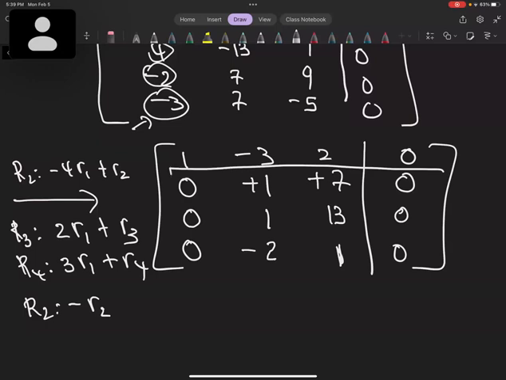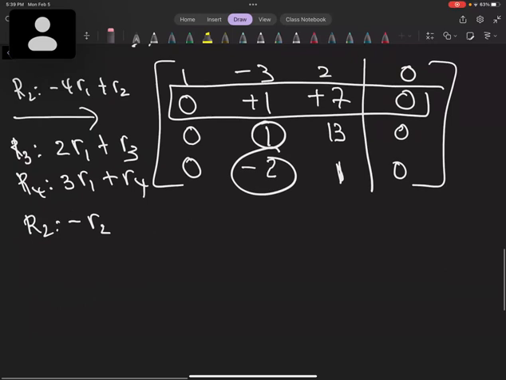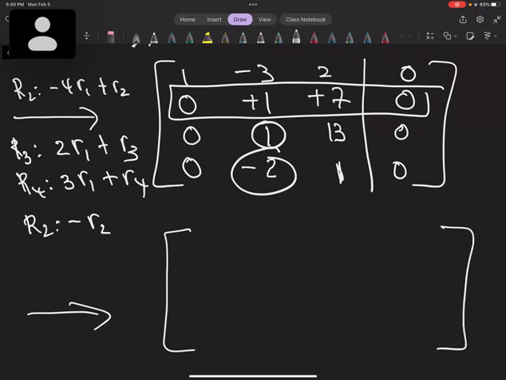So I'm gonna use that one to get 0 here and 0 here. So the first one doesn't change. And now the second one doesn't change either because this is the pivot one.